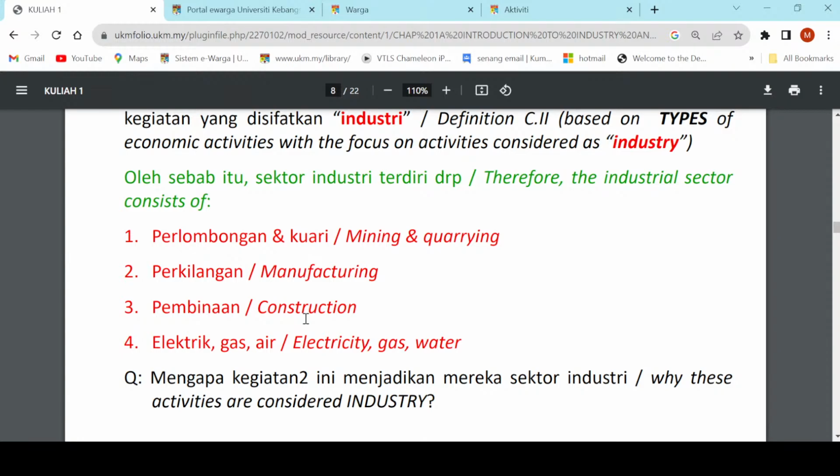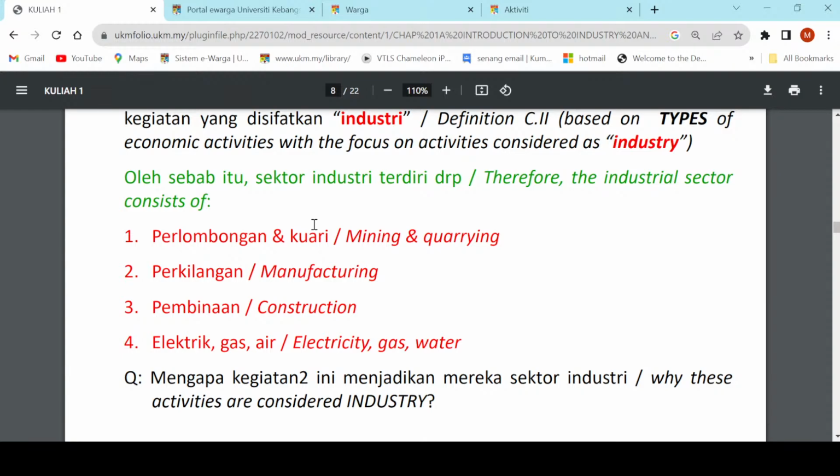Mining, of course, to drill offshore oil, you need a lot of technology. Coiling also needs heavy stuff and technology as well. So basically this sector uses technology. That's number one, the reason. Number two, they need a large amount of money, capital.